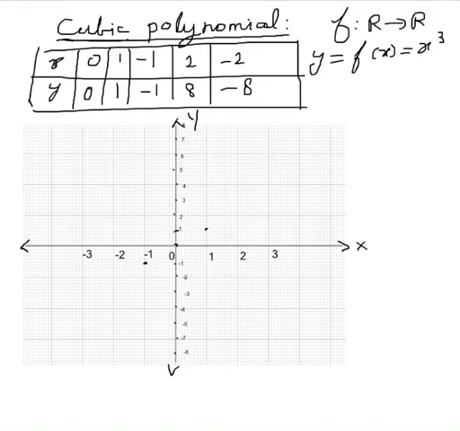For 2 it is 8, and for minus 2, minus 8. This is minus 6, minus 7, minus 8 will be here. Let us draw a freehand curve. This is the graph of y is equal to x cube.